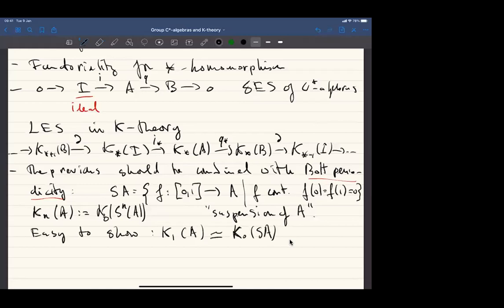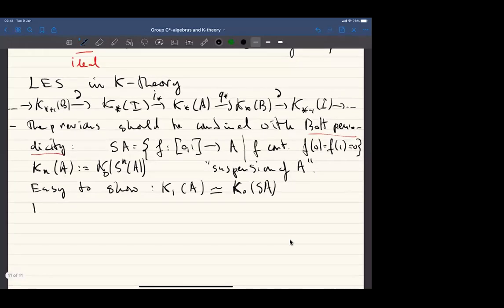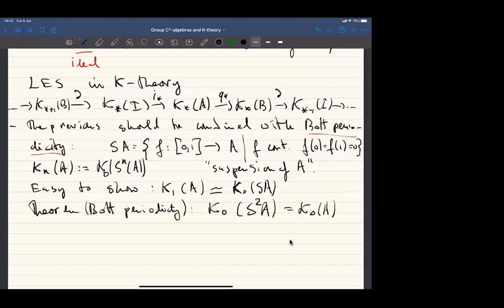And that motivates the definition of the higher K groups in this way. And the Bott periodicity theorem, which is not easy to show, says that K0 of two suspensions is actually the same as K0 of A.